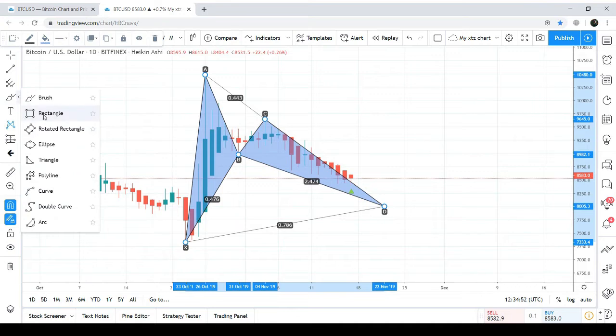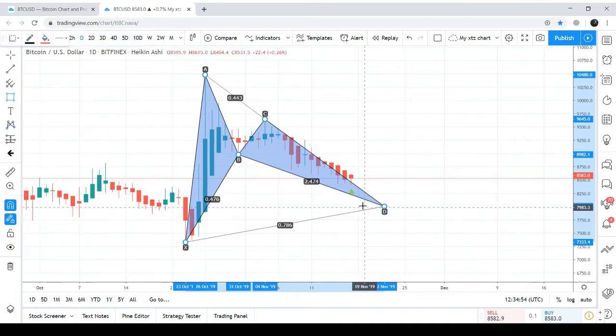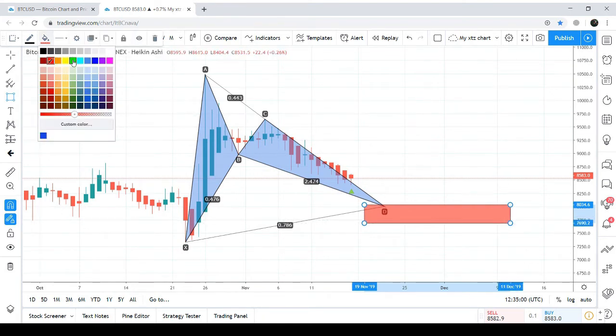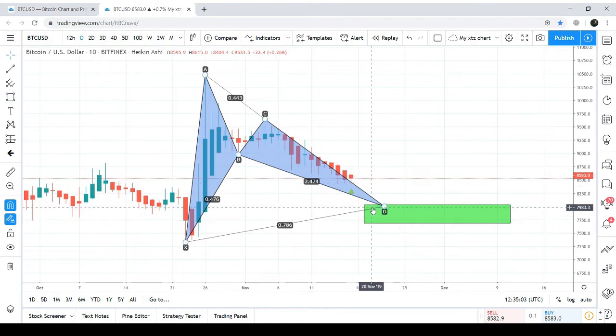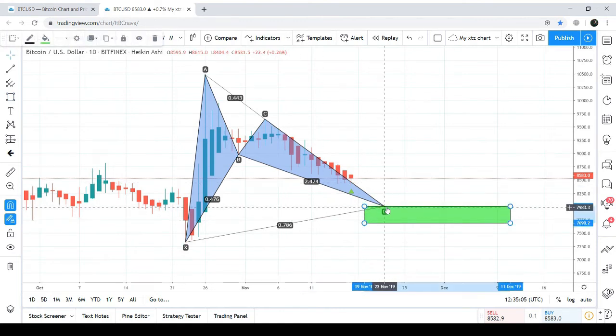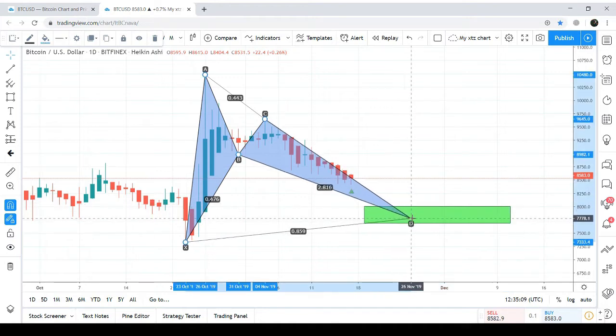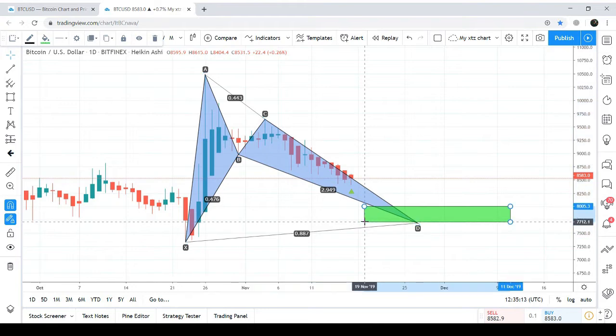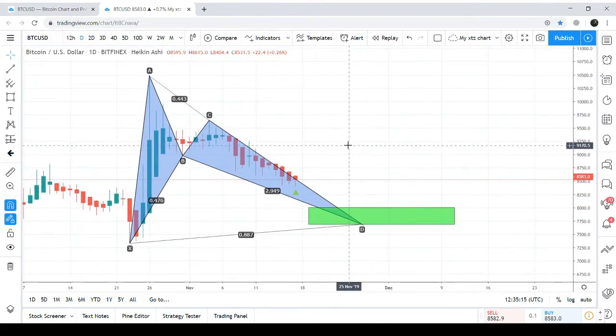From here our bullish potential reversal zone will start, from where the price action will move up again, from here up to 0.886 Fibonacci, almost up to here. So this is our bullish potential reversal zone.